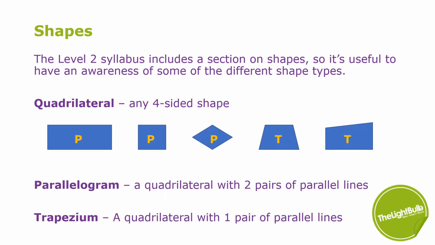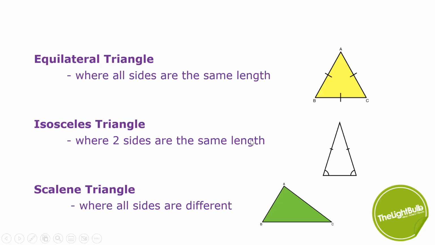Okay, moving on to triangles. We've got different types of triangle that might come up. Now, this first one here is an equilateral triangle, and all its sides are the same length. And as you know, if you've covered the angle stuff, they've also got the same angles within them too. The second one here is an isosceles triangle, and this is where two sides are the same length, as indicated by these short lines running through the lengths.